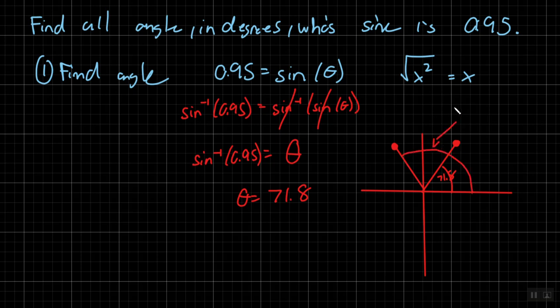This is pi minus theta, so this is 180 degrees minus whatever our degrees is, which is 71.8. So 180 minus 71.8, which is what?